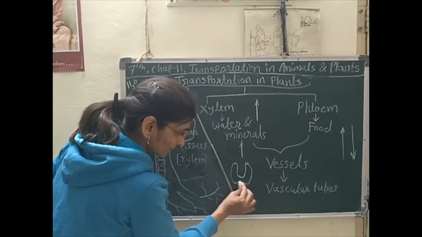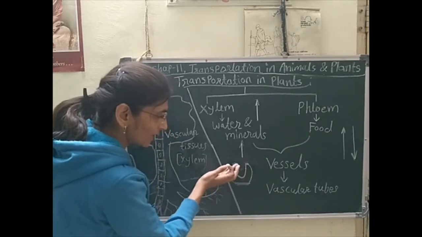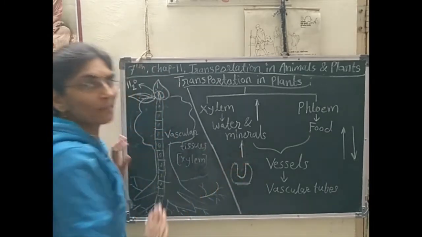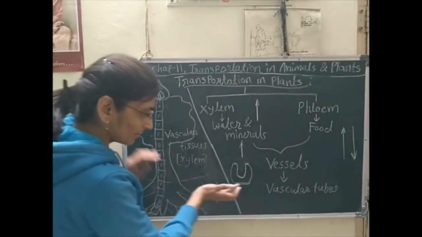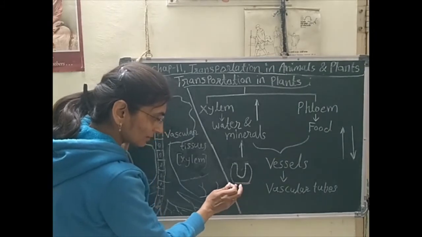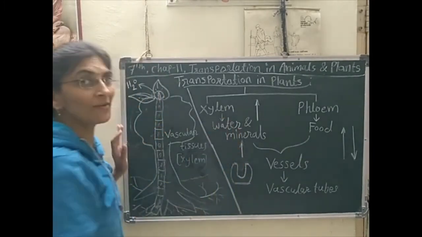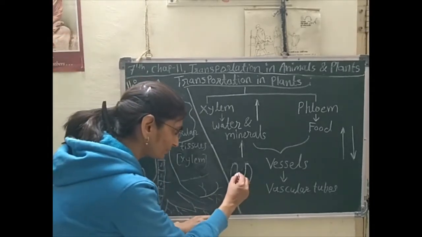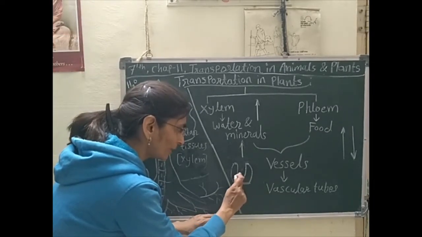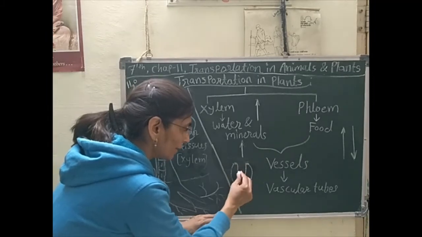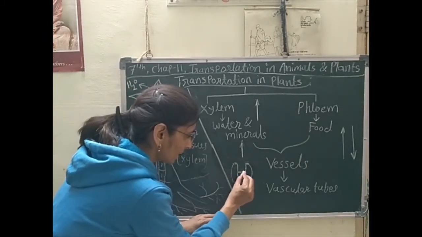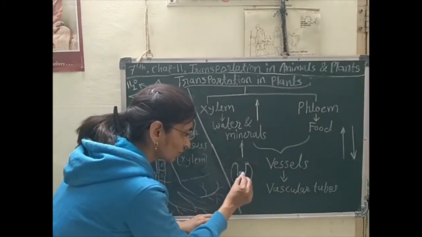For the base you have to cut down at downside, and also from upper side you have to cut down for the flat surface. Then make a cavity, make a hole, and then in that potato you have to fill sugar solution up to this level. Suppose this is sugar solution.